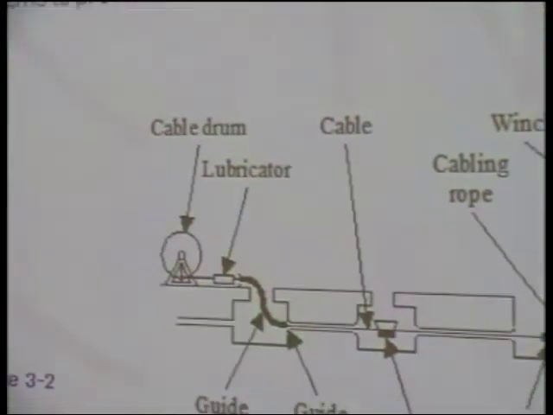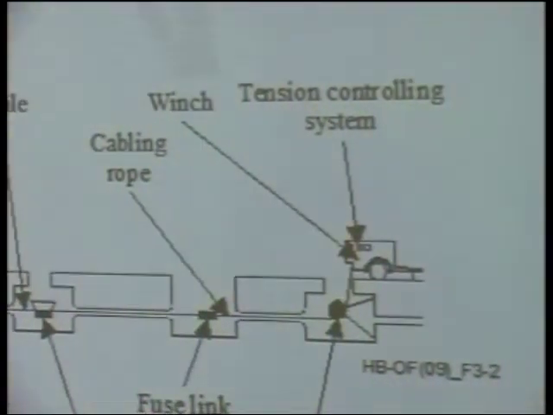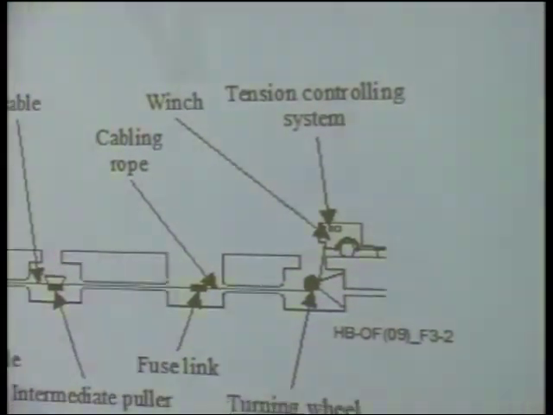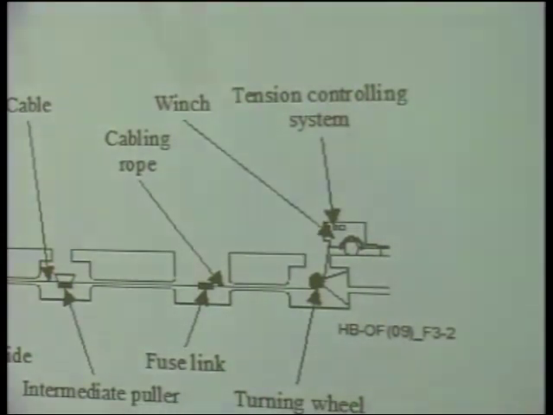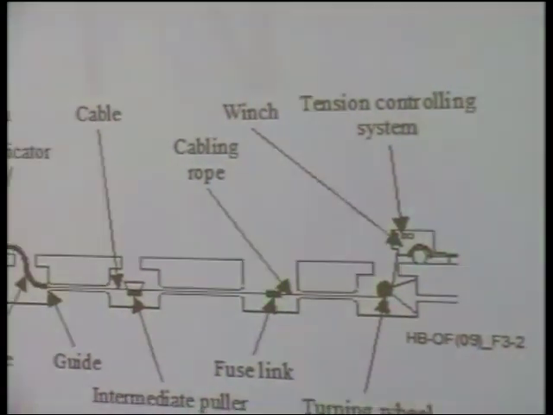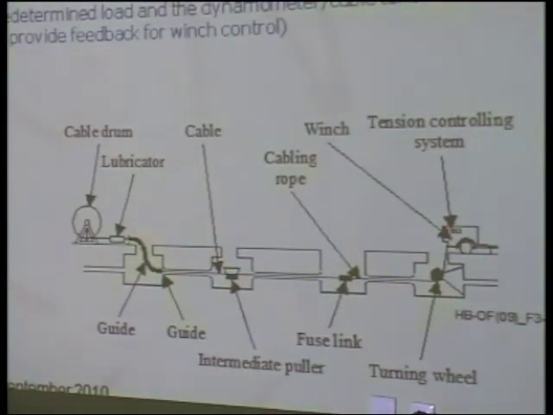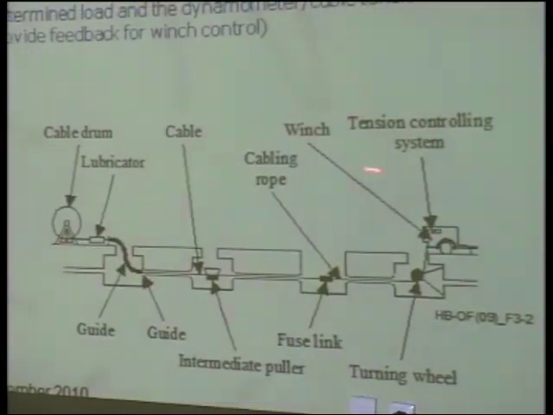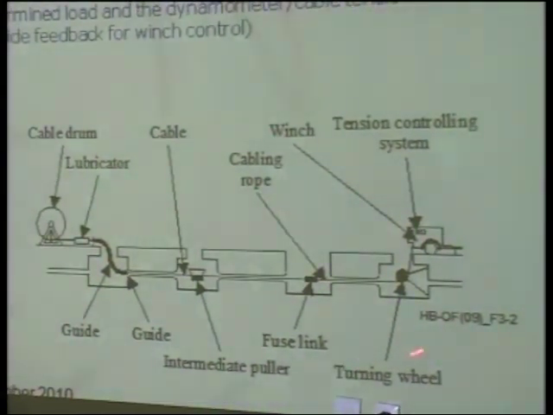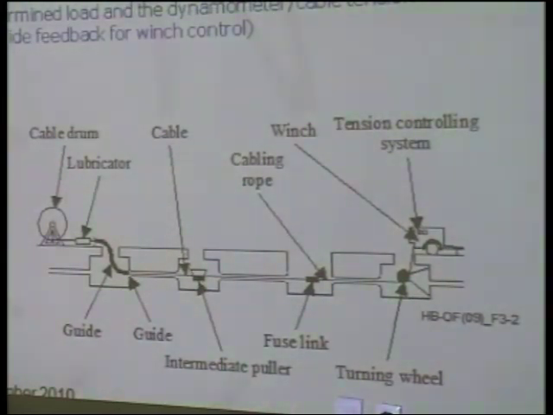Then if we have the correct guides, and if we have some intermediate pullers, if we have records of the tension controlled, most of the time this operation could be successful and the cable could be installed without big effect on its mechanical properties, because all that could be affected most of the time when we have good optical information about the cable installed, what we can also have is information about the mechanical situation of the cable.